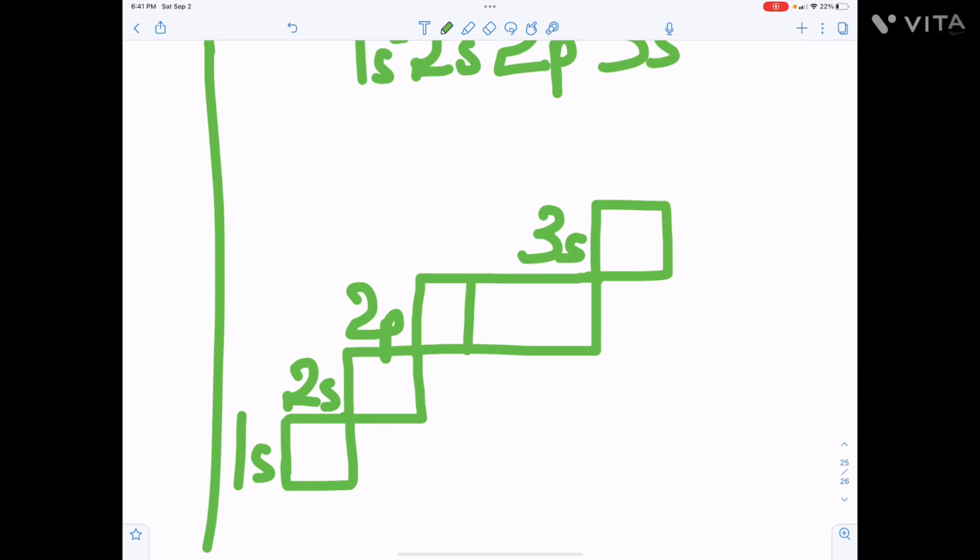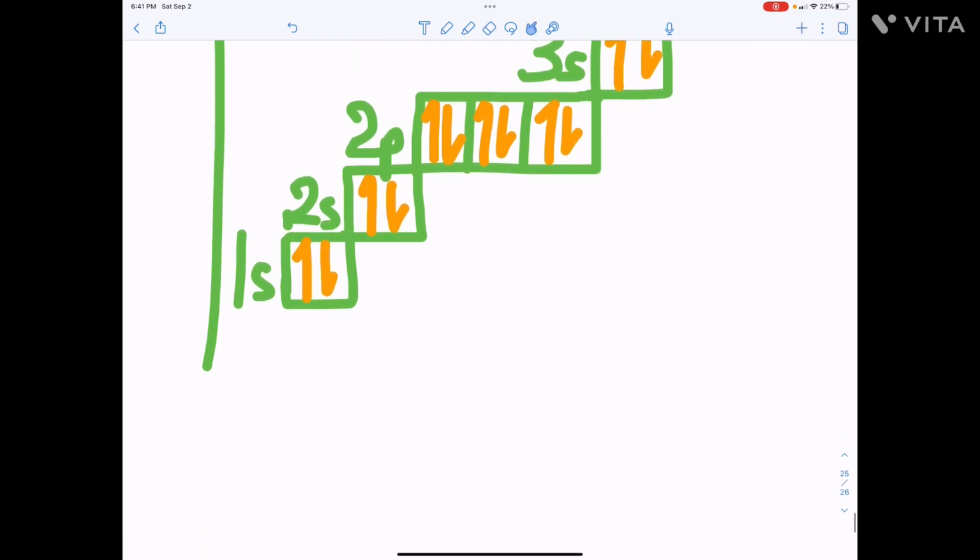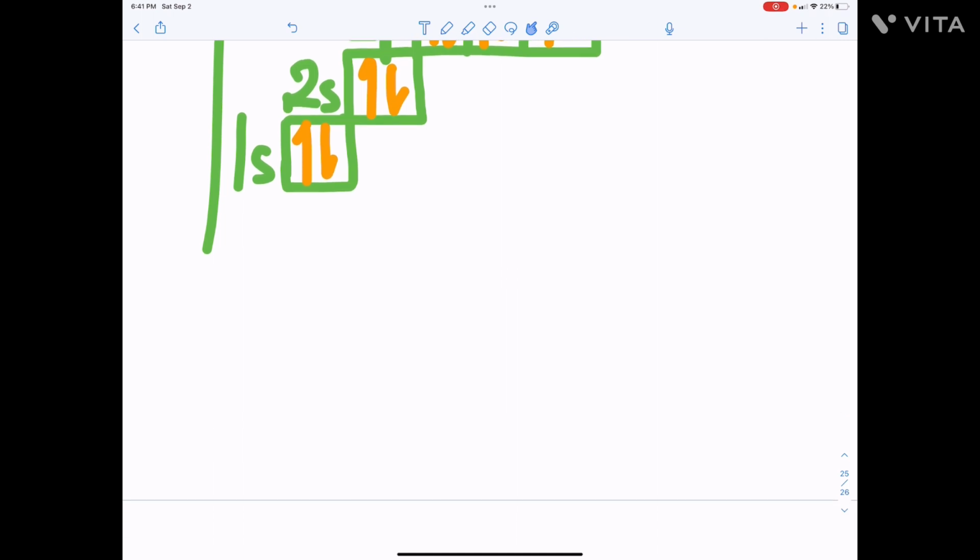Now don't forget, any p subshell has 3 orbitals. So the 2p subshell will have 3 orbitals: 1s2, 2s2, 2p6, 1, 2, 3, 4, 5, 6, then 3s2. That's how electrons are arranged in the subshells and orbitals of magnesium. Okay, let's go.